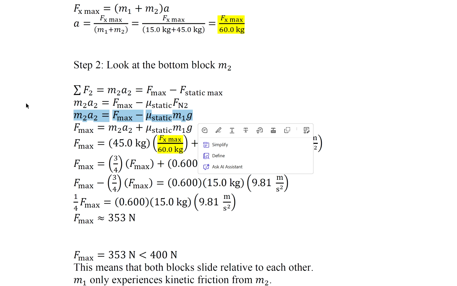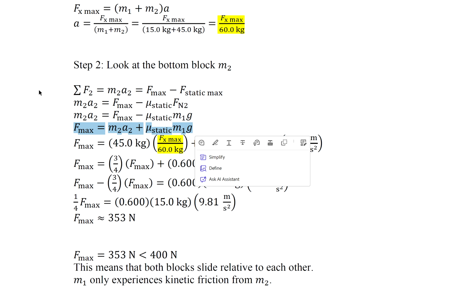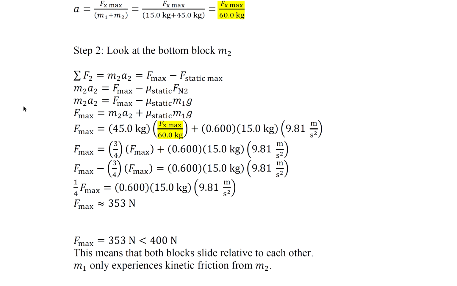Here, force normal equals M1 g. Here we're going to solve for F max. We already know what A2 is. A2 is this, and that's highlighted. So we're going to put it here. It's a substitution.